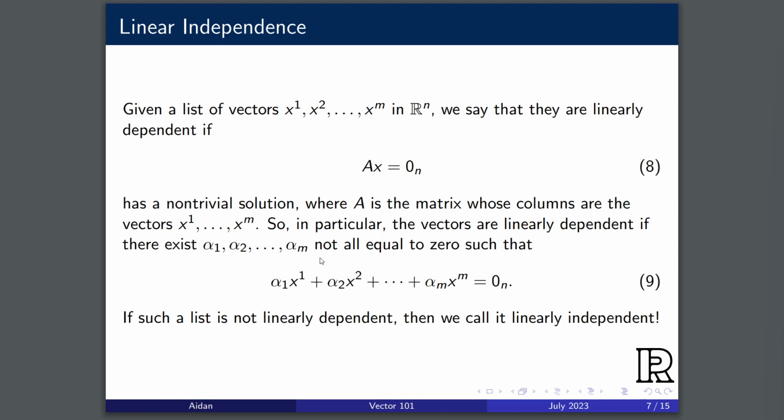But we're requiring that not all the alphas are equal to 0. So for instance, maybe you have that x1 plus x2 equals 0. Then we would say that this list is linearly dependent. If it's not linearly dependent, then we call it linearly independent.